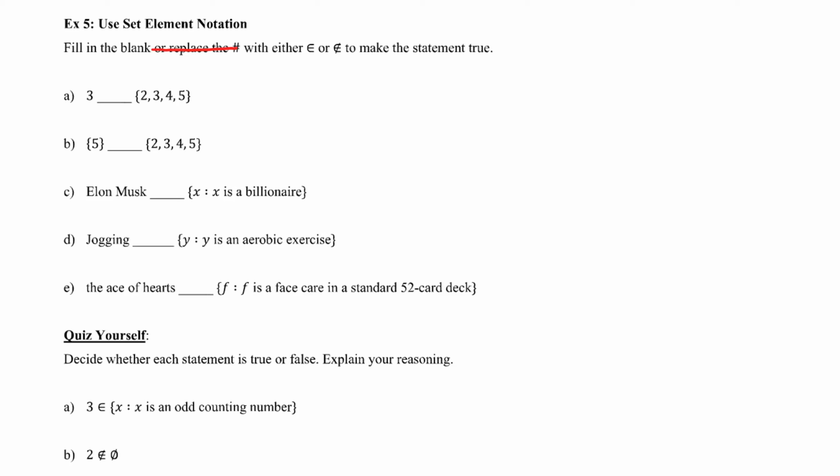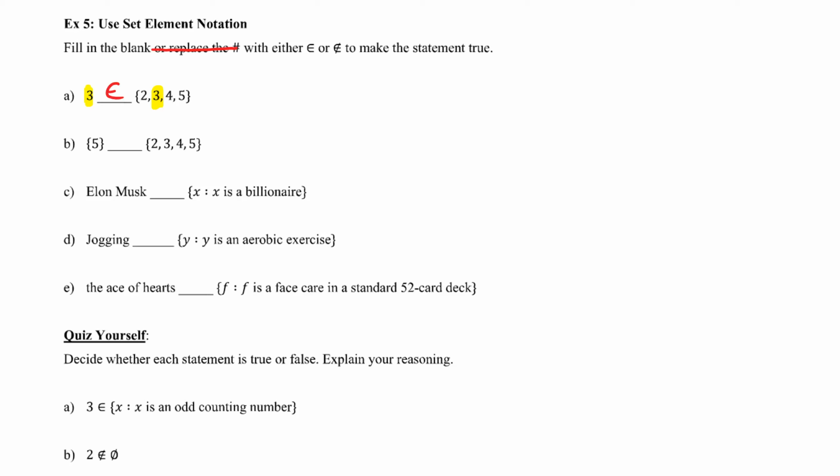So with part A, we have 3, and then we have our set, and inside that set, we have 2, 3, 4, and 5. And so we notice because 3 is inside that set, 3 is an element or a member of that set.